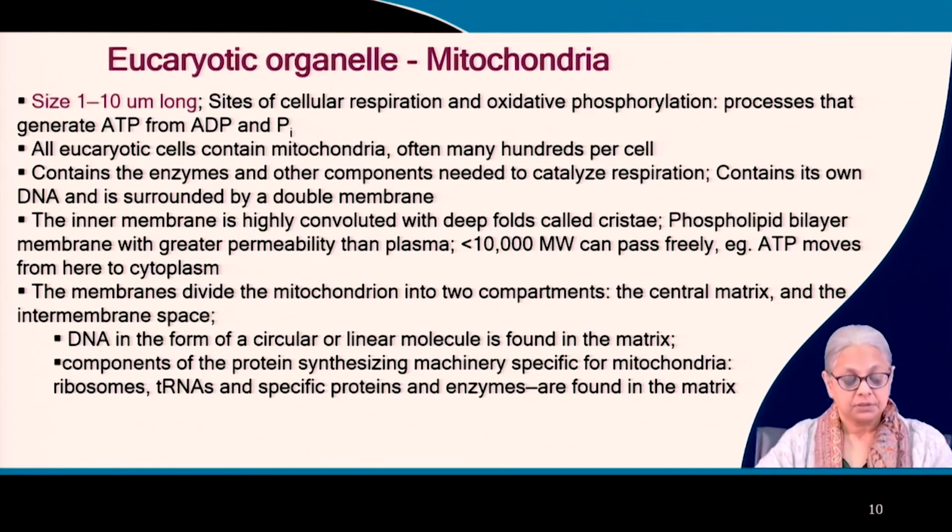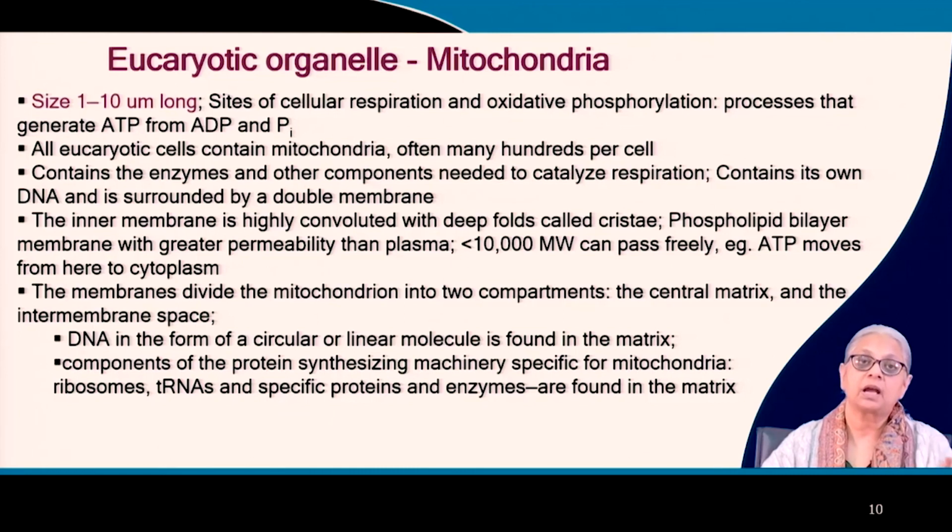The membranes divide the mitochondrion into two compartments, the central matrix and the intermembrane space. The central matrix has its own DNA, and this is another argument in favor of the endosymbiotic theory. And then we have components of the protein synthesizing machinery that is specific for the mitochondria.